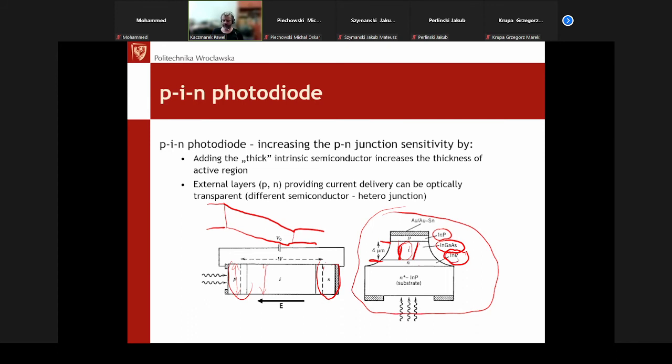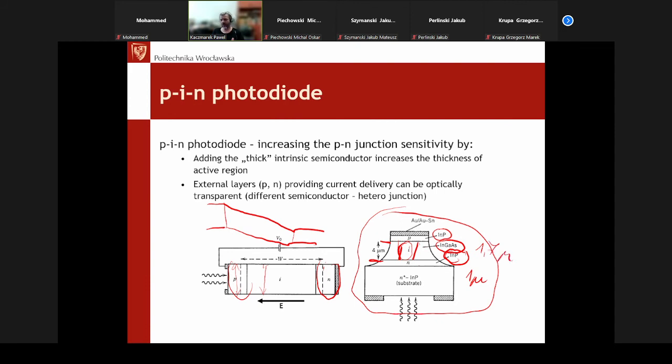For this indium phosphide semiconductor, the band gap, so the absorption edge, is somewhere close to 1 micron, and for indium gallium arsenide it is at 1.7 micron.